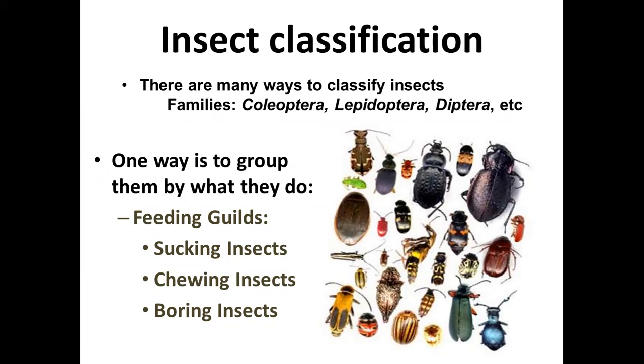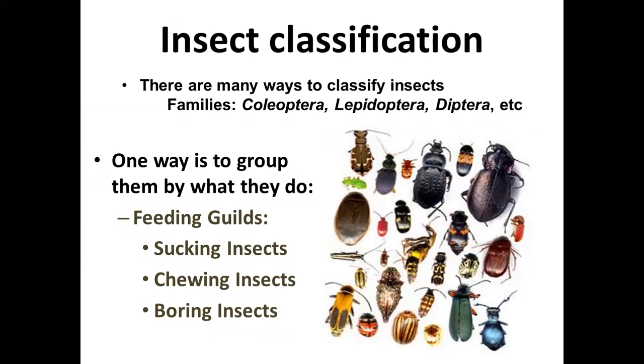But when we're managing them from the IPM perspective, what we'll do is look at them as feeding guilds, like what they do to the tree or the plant, or what are the mouth parts that they have. A sucking insect is one where they can pierce and suck juices out of twigs or typically leaf tissue.